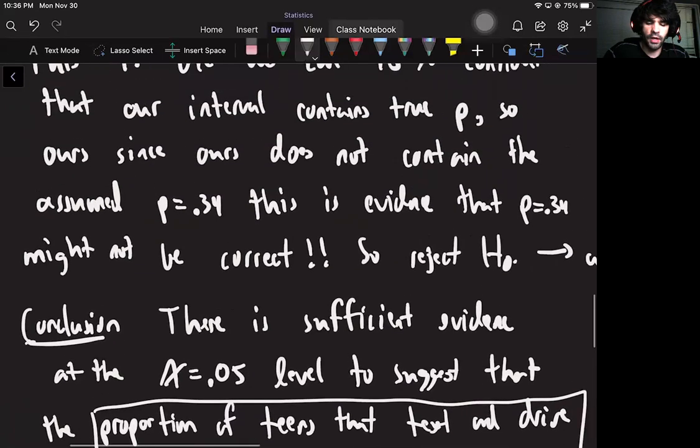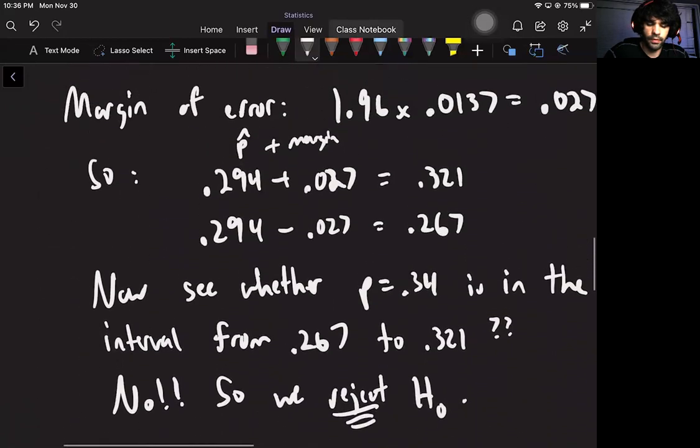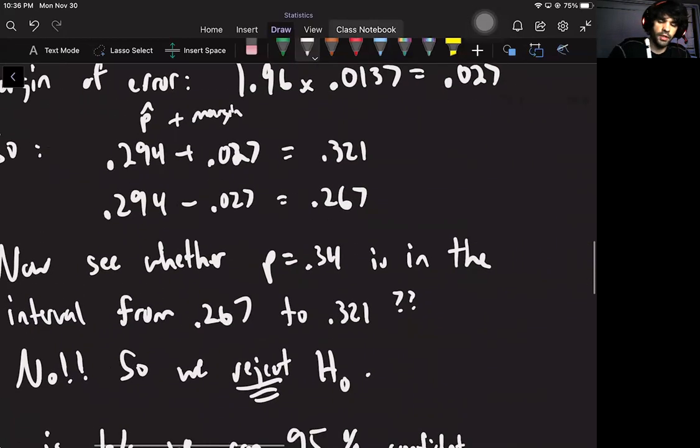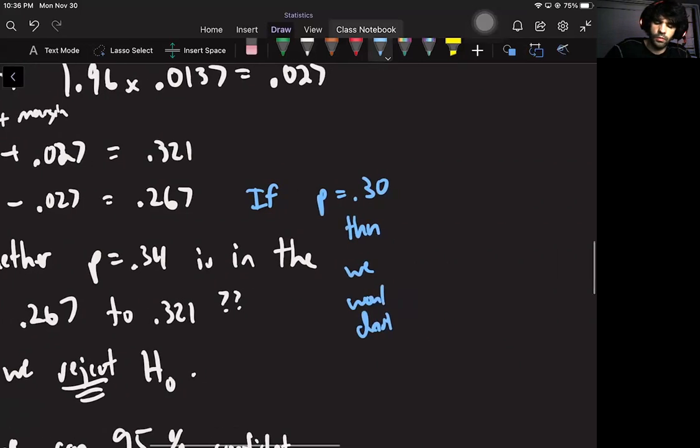So just so you're aware, let's just pretend for a second that if p was like 0.3, because then it would be in there, we would not reject.